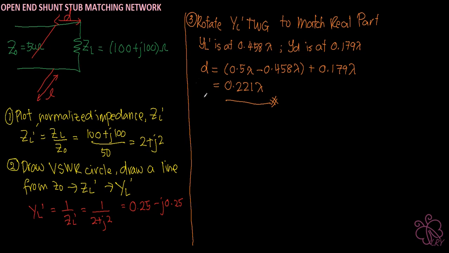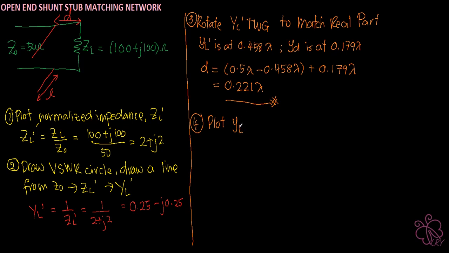Okay, once you have calculated D, then next you want to calculate the length of our stub. So step number 4 is you want to plot where is your YL.